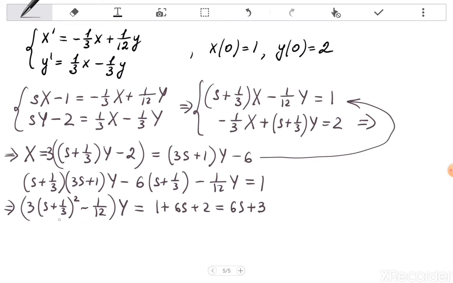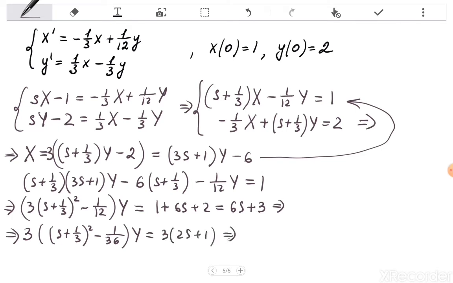In fact, the easiest way to do it here is maybe to write this as follows: 3 we take out of the brackets, we obtain (s plus 1 over 3) squared minus 1 over 36y. And 3 from this to (s plus 1). So now you see this 3 can be cancelled. And this thing in brackets is a difference of squares.